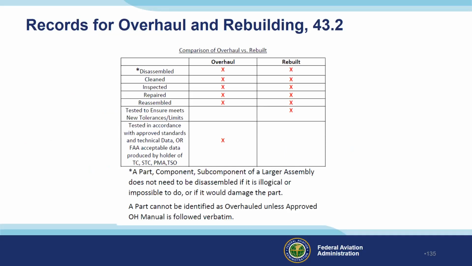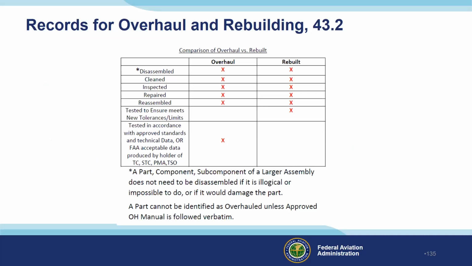Okay, next is record of overhaul and rebuilding. This is covered under 43.2. The big difference here, just be careful when you describe something as being overhauled or rebuilt. The main difference is in the testing.